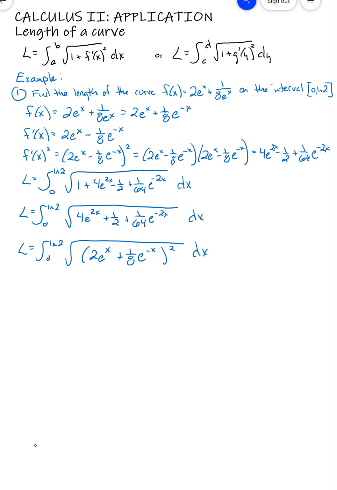This happens quite regularly. But this is even better. We have the square root of something squared. Well, those two kind of undo one another. So we can get rid of that radical. Isn't that nice? Now I think we're about ready to integrate.